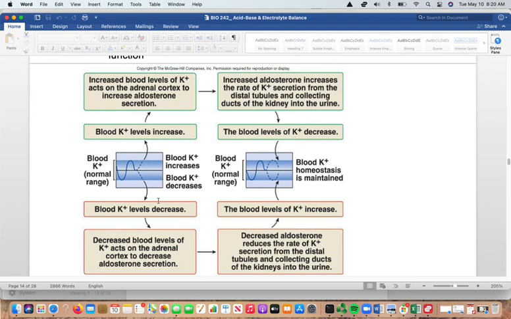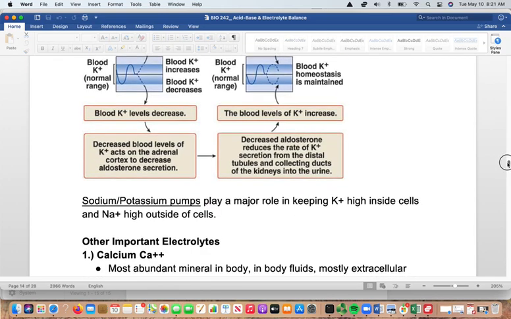If the blood potassium levels decrease, it's going to act on the adrenal cortex to decrease the aldosterone secretion. That in turn is going to act on the kidneys, and the blood levels of potassium will increase to get back to homeostasis.